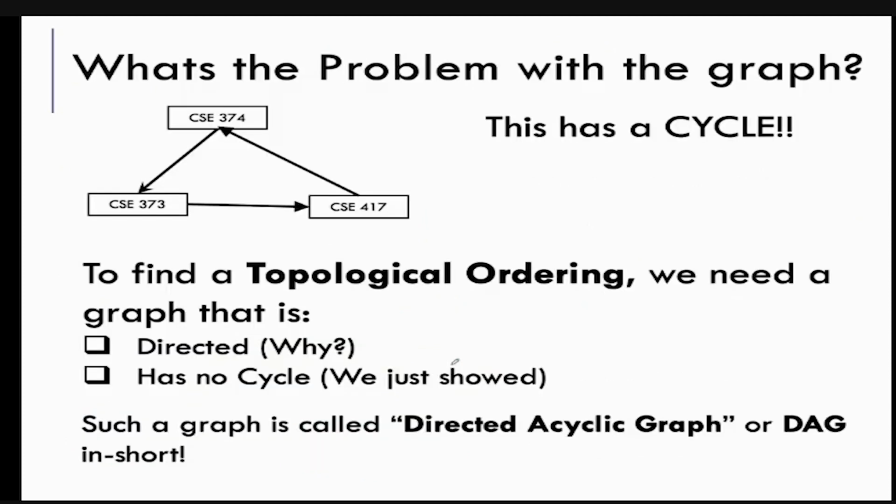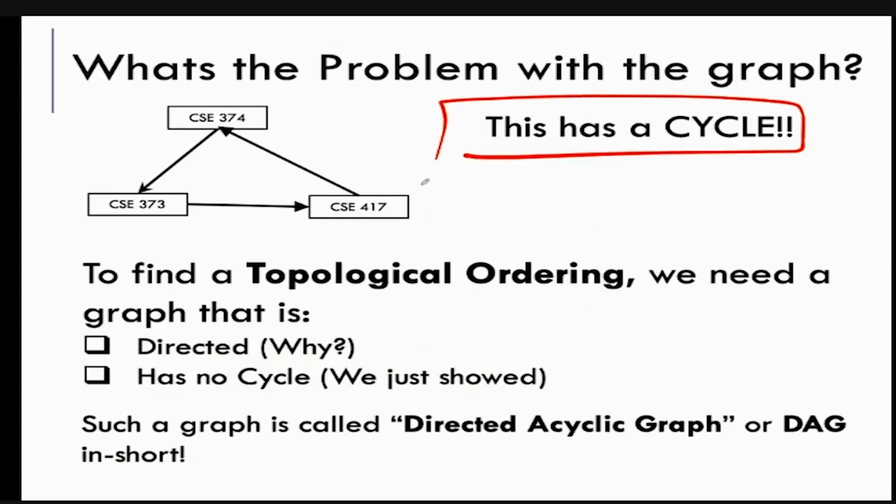So what's the problem? This graph and the second graph basically have a cycle. If you have a cycle in your graph, then it's not possible to find an ordering. Why? Because it will create circular dependencies. It will depend on this, it will depend on this, and it will depend on this. So this is a circular dependency.